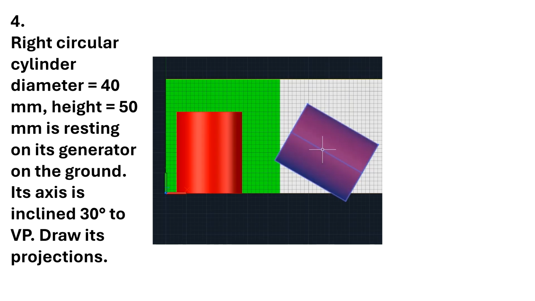This angle is 30 degrees, the axis is making a 30 degrees angle. Once you rotate this cylinder to make the axis 30 degrees, that is the final, the third view, or otherwise you can say the final top view. Then we will get the front view by projecting the points from this view. Then finally we will get the final front view.